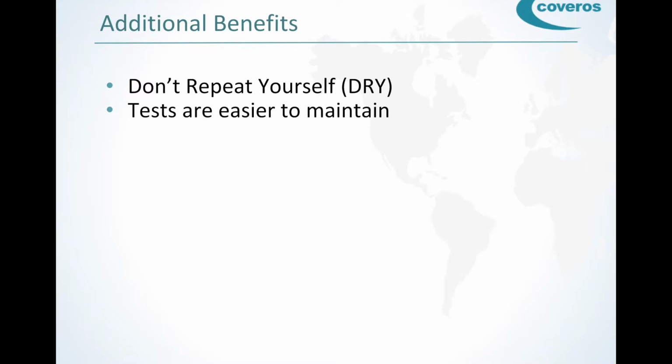But because we've used these methods, we've reduced the amount of points in our code where we're actually manipulating these HTML elements directly. So what that means is that you could have a few hundred tests or a few dozen tests which are calling the same methods to perform some action on the page. And if the element changes, then you don't need to update every single one of those tests.